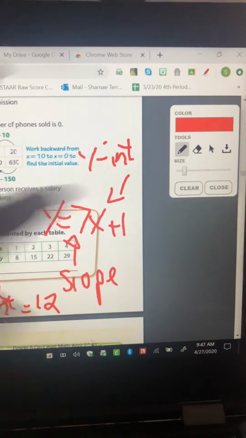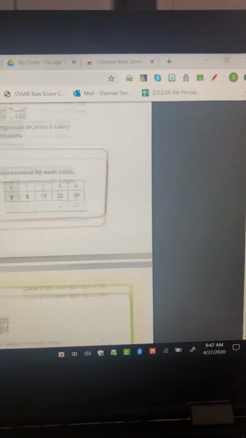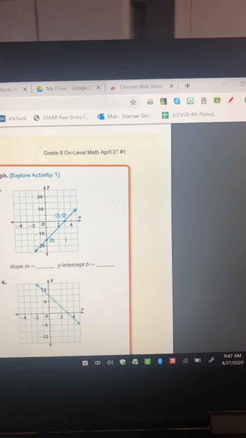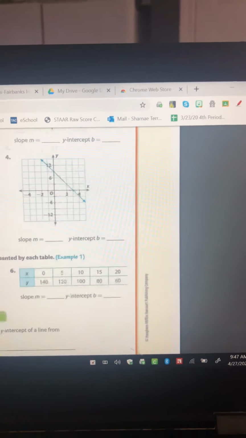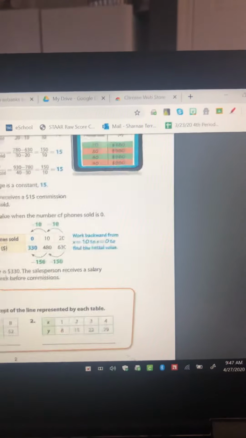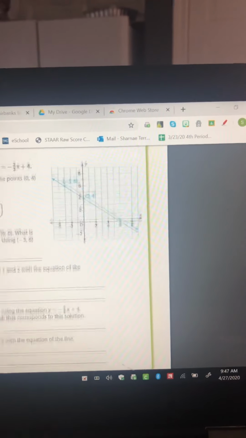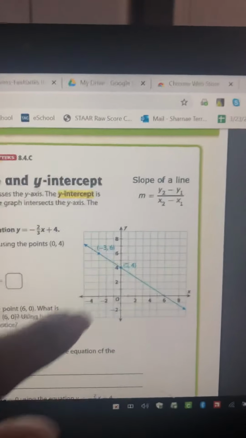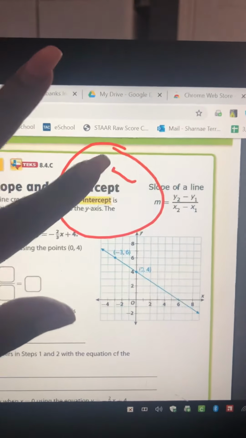Okay. Now, let's look at seeing if a graph has a positive or a negative slope. Okay. So we're going to go back to the first graph we looked at. Okay. I showed you guys Slope Man. Slope Man used to hang out a lot in our classroom.